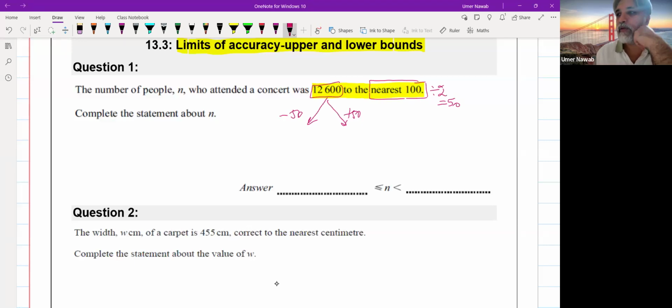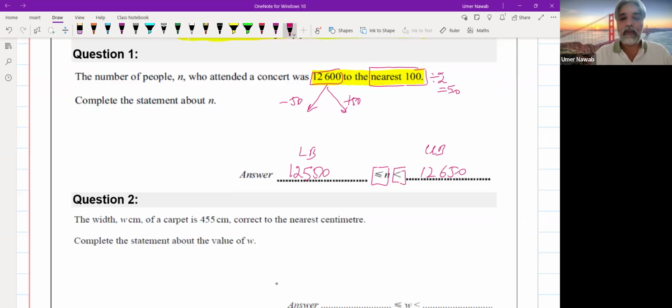So if you subtract 50, guys, you will get the lower bound, which will be 12,550. And the upper bound, after adding 50 in 12,600, gives you 12,650. Now, as you can see, this is less than or equal to, so the lower bound is always included, but the upper bound shouldn't be included.